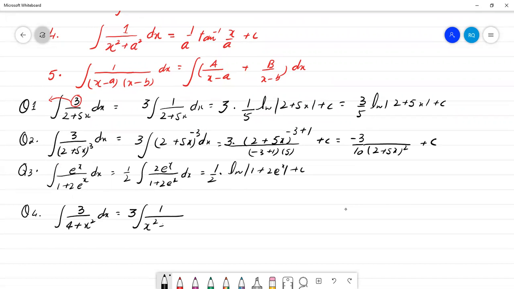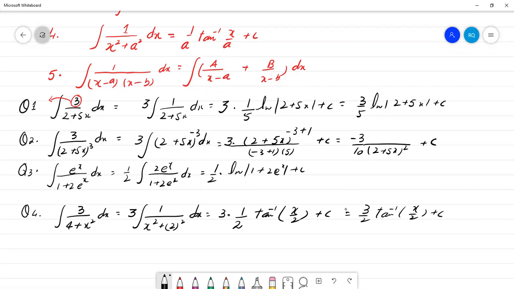Then 4 is 2 squared, so the denominator is x squared plus 2 whole squared. Now apply the rule: 3 as it is, times 1 over a, that is 1 over 2. Then you have to write tan inverse of x over a, meaning x by 2, plus c. So you will get 3 by 2 tan inverse of x over 2 plus c.